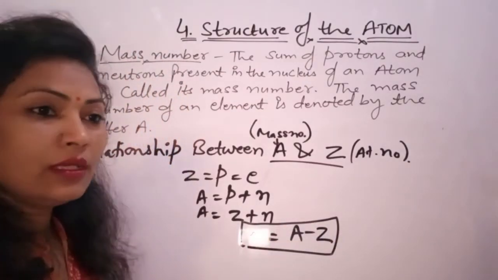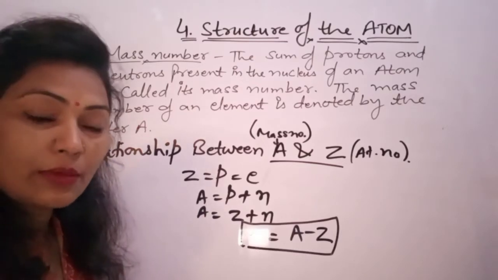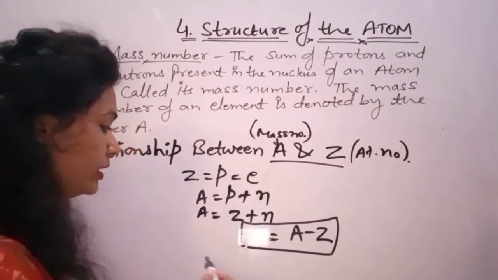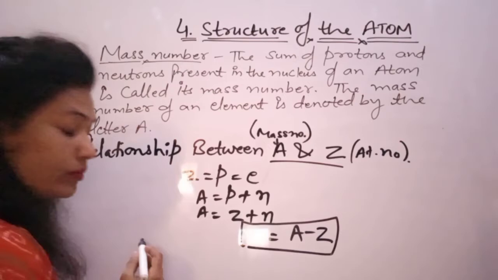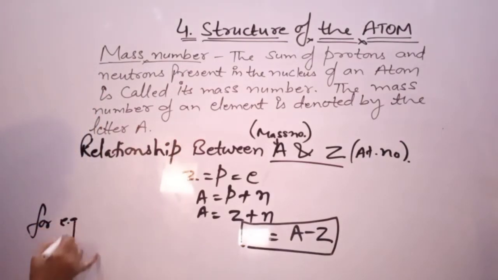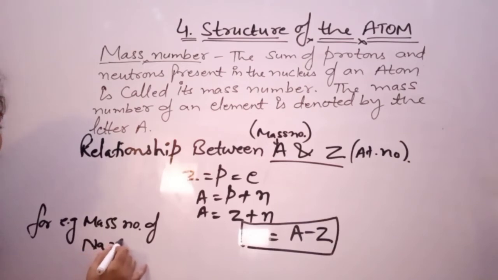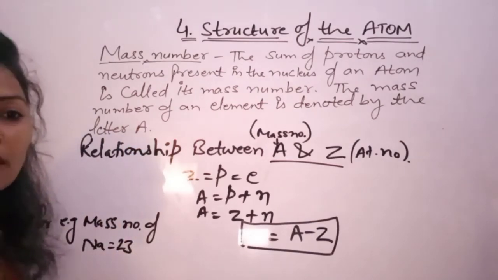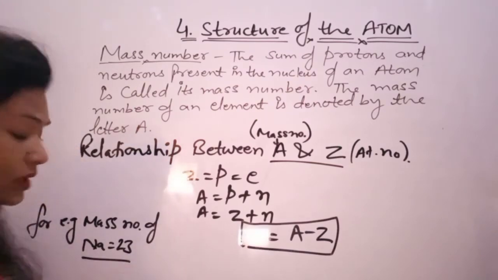For example, you can take the example of sodium. The mass number of sodium is 23. Now, how can we find the number of neutrons present in the sodium atom?